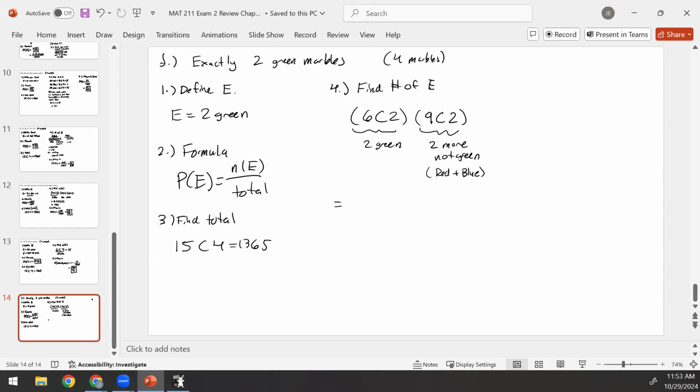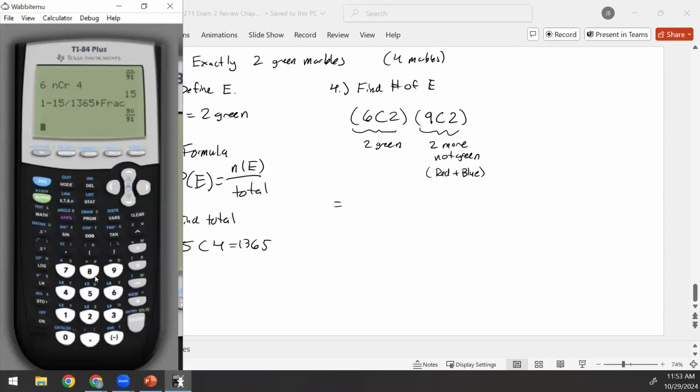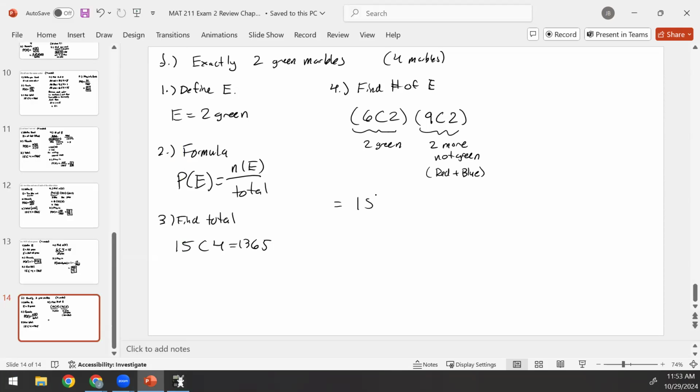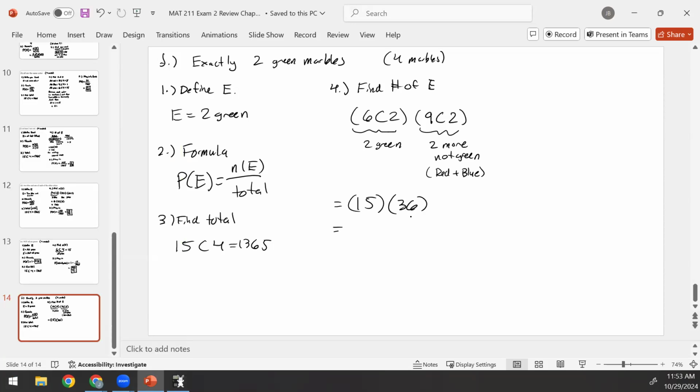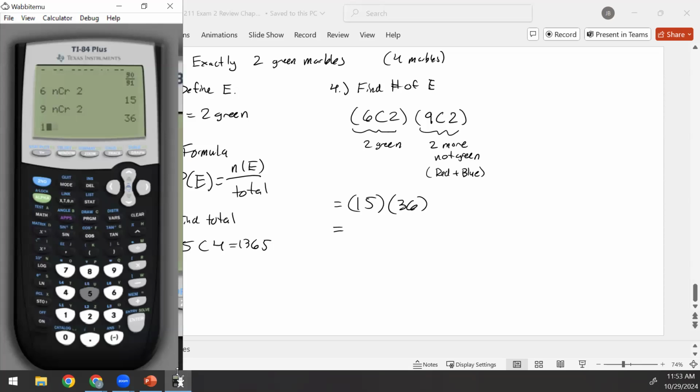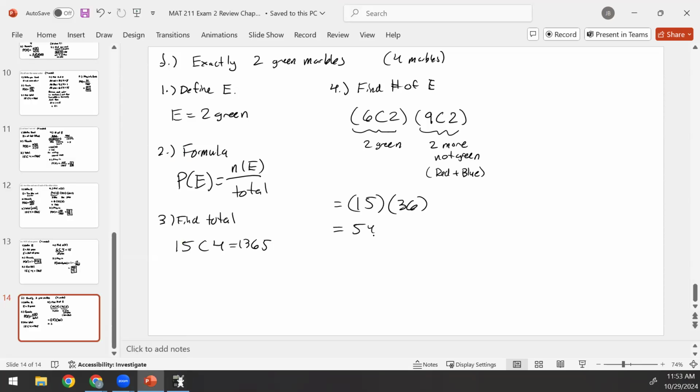And if I plug that into my calculator, 6 choose 2, that's going to be 15. And then 9 choose 2, 36. And so 15 times 36, 540.